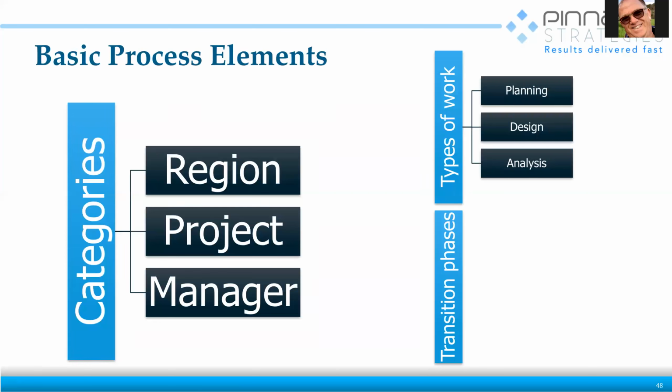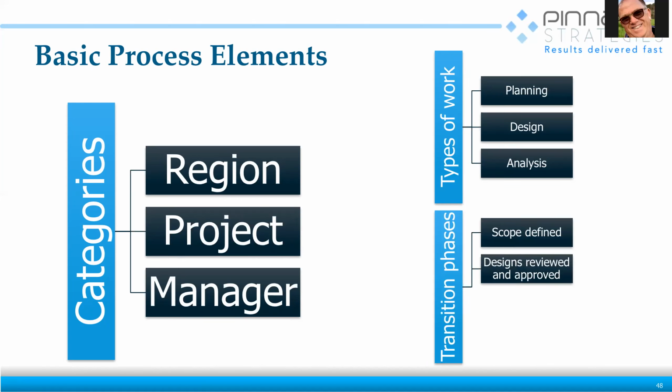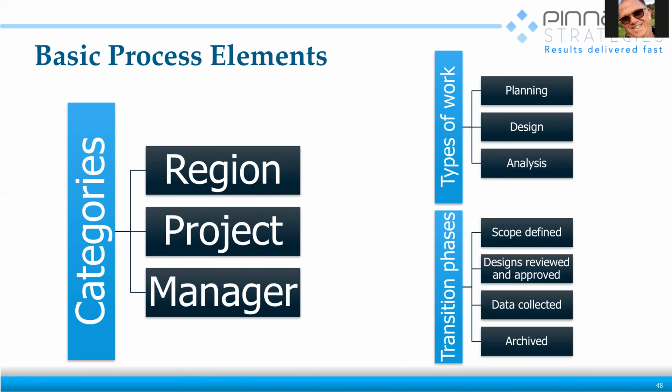And then they had the transitional phases. So the transitional phases were, what's the scope? Every customer is unique, every job is unique, so they had to define what it is. Then they had to get it approved and reviewed, and then they had to collect the data, and then they had to archive it. And of course, what's missing here is the doing part, right? There's a gap missing here.